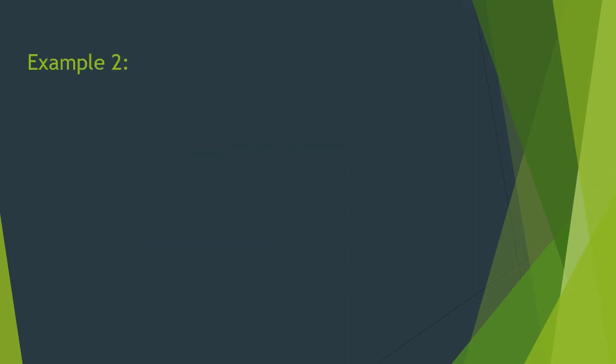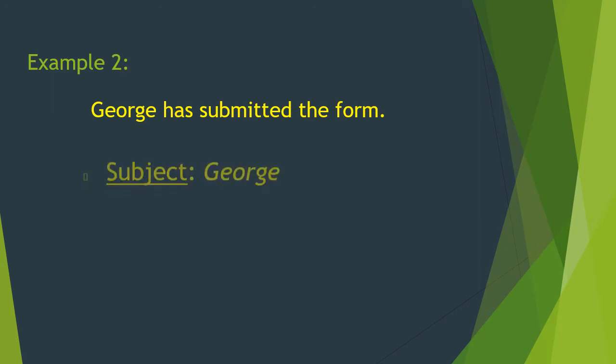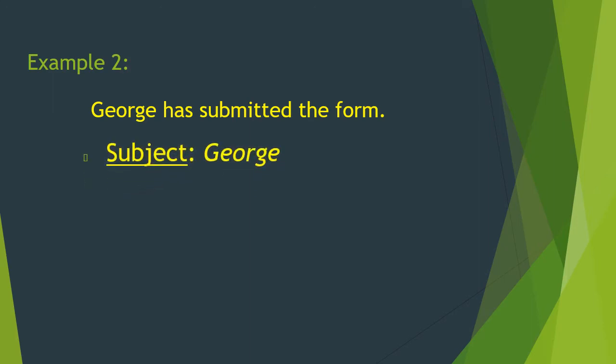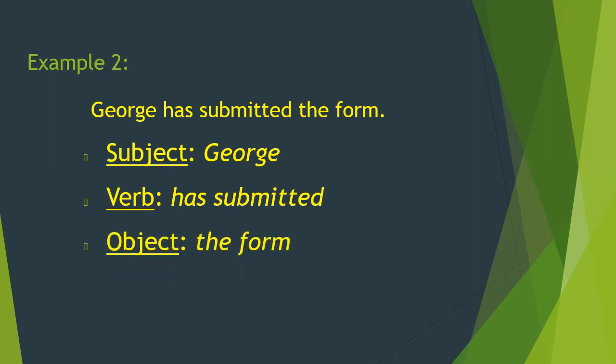Let us make it more clear with another example. Now look at the sentence. George has submitted the form. What is the subject in the sentence? Yes, it is George. Verb of the sentence is has submitted and object the form. George is the subject, the doer of the action.